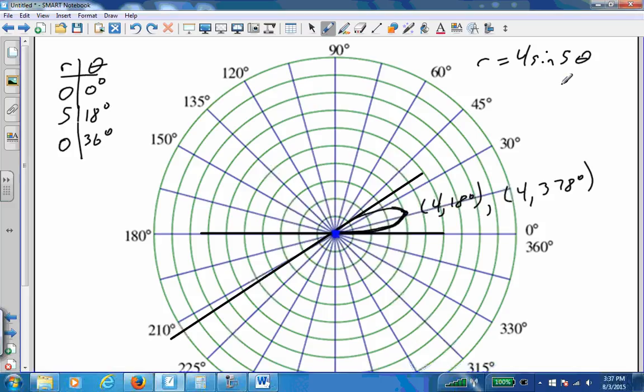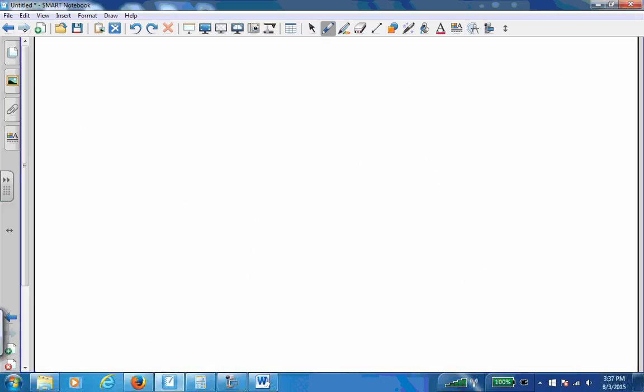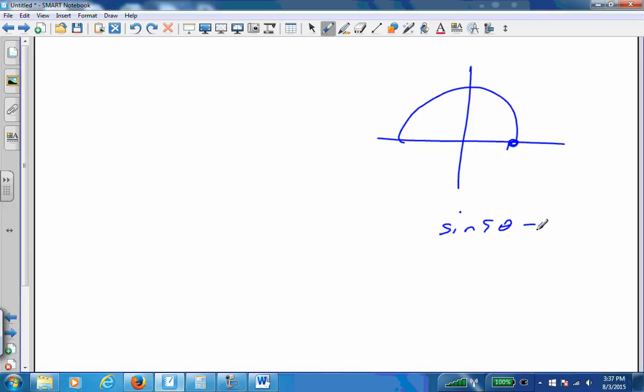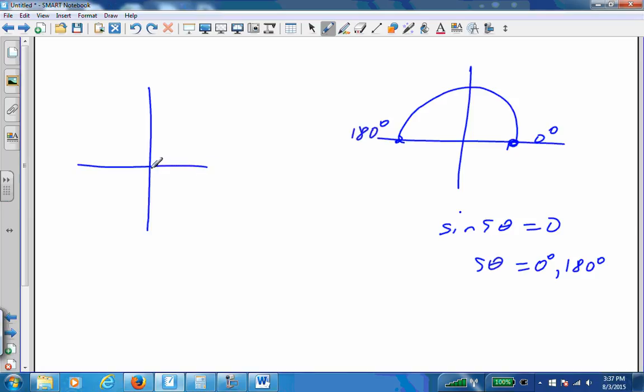So I guess one of the easiest things to have done there, if we would have thought about the unit circle, the first time that we're 0 is at 0 degrees. The second time we're at 0 is at 180 degrees. So when 5 theta is 0, and then when it's 180 degrees, those will be 2 consecutive points on our polar graph that we're at 0.